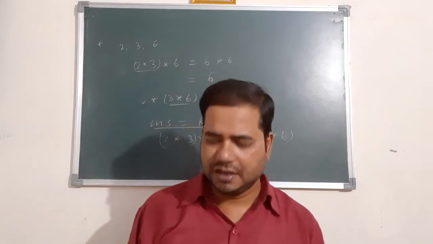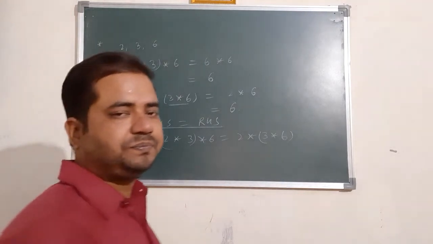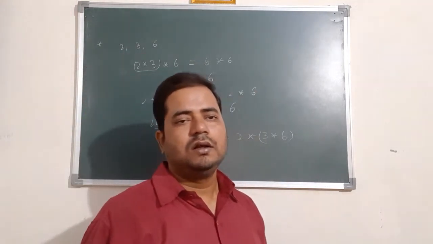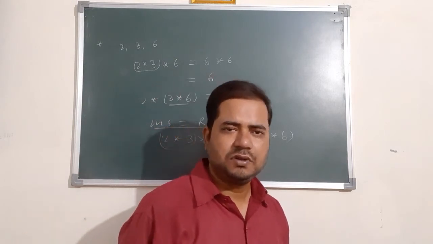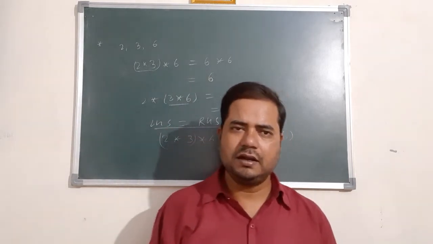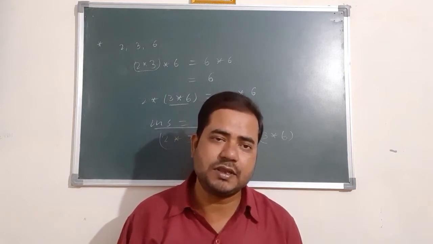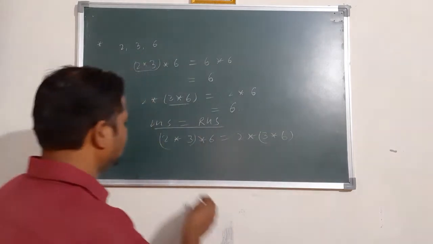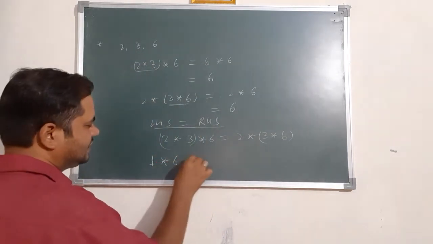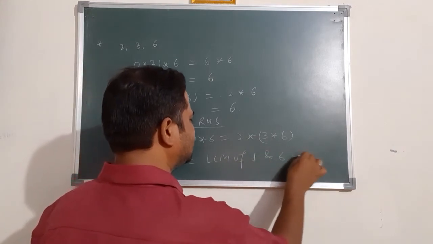Suppose E is the identity, then E star A is equal to A star E is equal to A. If you find the identity, then 1 is the identity, because if you take the LCM of 1 with any number, that number will come back. Suppose 1 star 6, the LCM of 1 and 6 is 6.